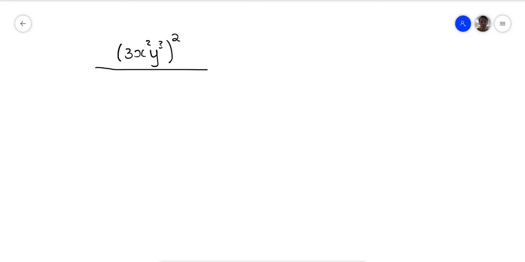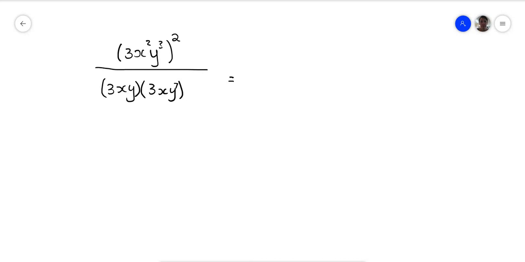Then, at the bottom, I say 3xy, close my bracket, open a new bracket, 3xy, and this whole bracket, I'm sorry, only the y inside my bracket has been raised to the power of 7. Okay, when I have an expression that is raised to a power, everything inside that expression also needs to be raised to that power.